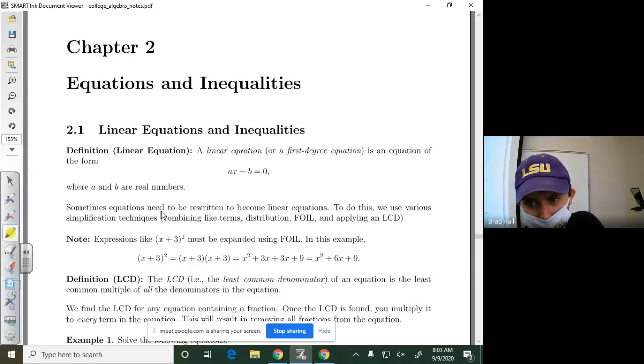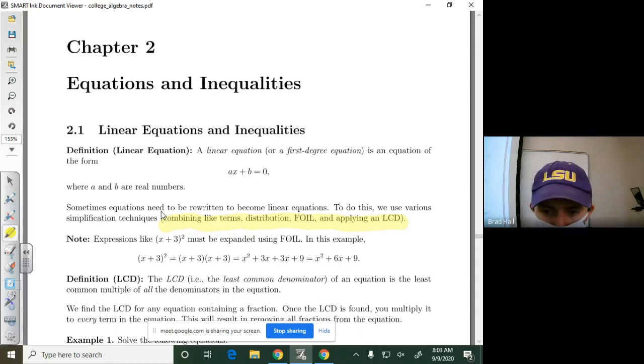The main thing we're going to look at is applying an LCD, because a lot of the problems in this section revolve around fractions. I want to talk about the strategy I use for dealing with fractions, and that's primarily the problem set I'll look at.